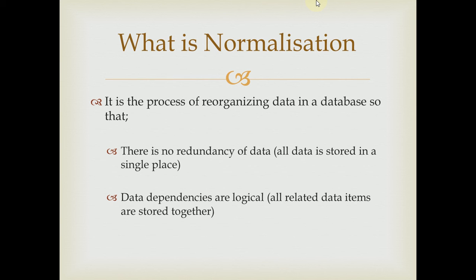But as discussed earlier, it solves these two problems, the problem of data dependencies and the problem of data redundancy. Redundancy means data duplication. So if you have customers placing orders, and customers have a customer ID, if you don't have normalization applied, then you will have the customer ID repeated for every single line item of your order. And that's data duplication, data redundancy. Normalization solves that problem. We will look at it in the demo.